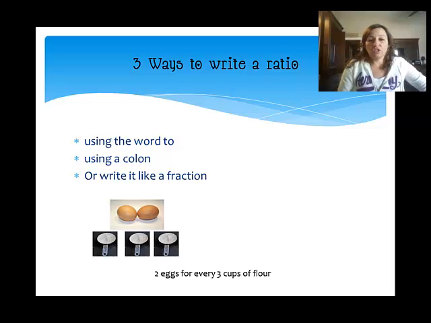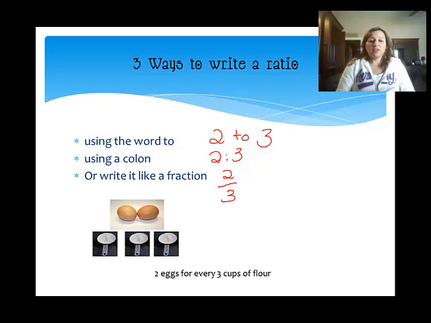So in our ratio of eggs to flour, we would have 2 to 3. Using a colon, 2:3, or you can write it like a fraction using a fraction bar, 2/3. So all 3 of those things say the same thing. They say 2 eggs for every 3 cups of flour.